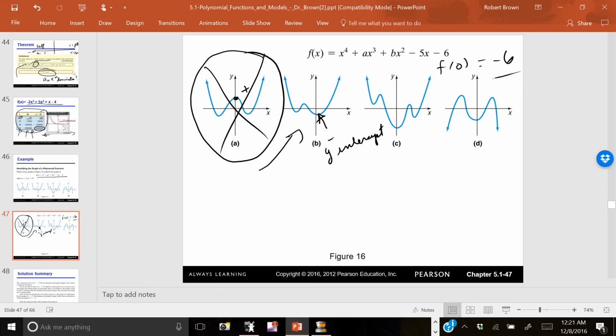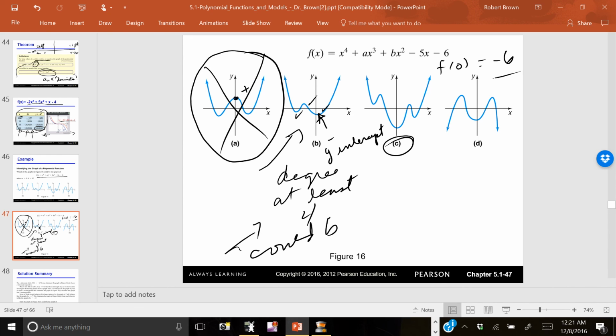And notice that we have 1, 2, 3 turning points, means the degree is at least 4. So this could be. Let's see if C could be.